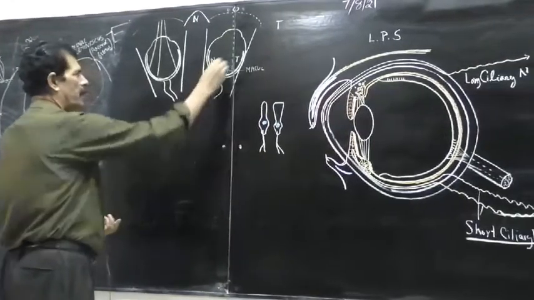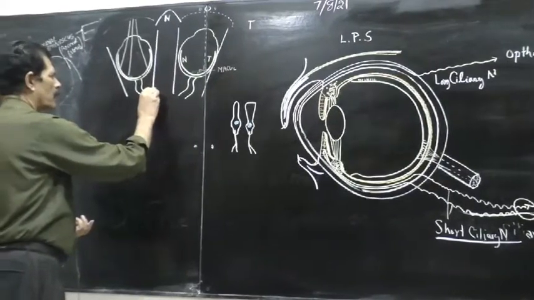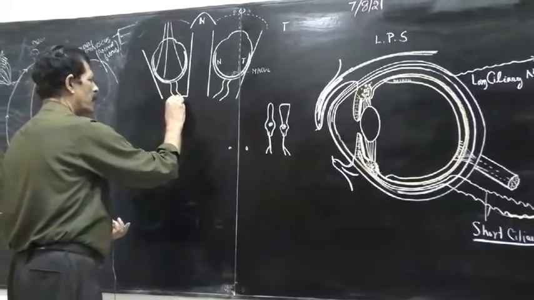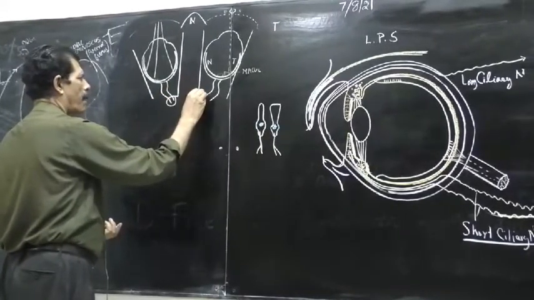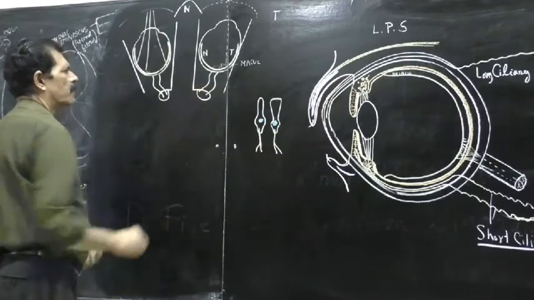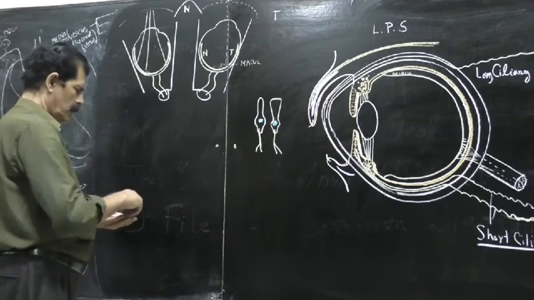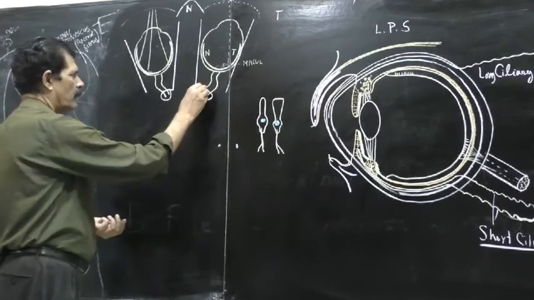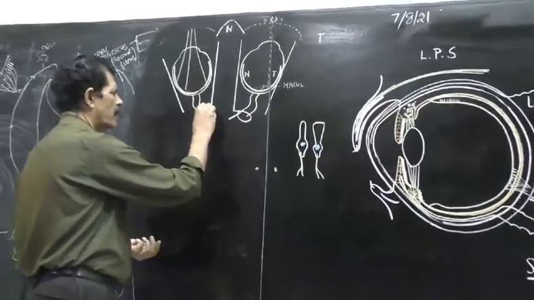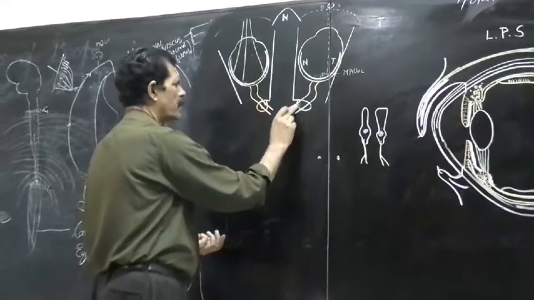Then the image is transferred to the optic nerve, which now passes through the optic canal, which is present near the apex of the bony orbit. After passing out from the orbit, each optic nerve runs straight into the middle cranial fossa of the skull, the cranial cavity.